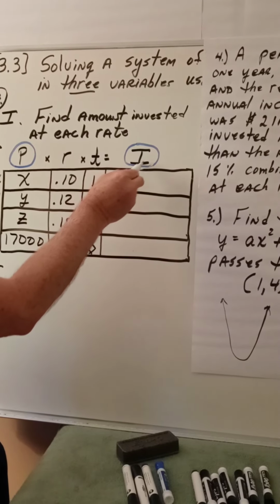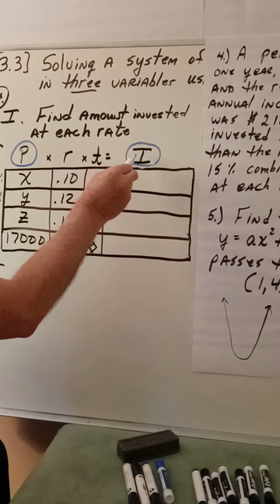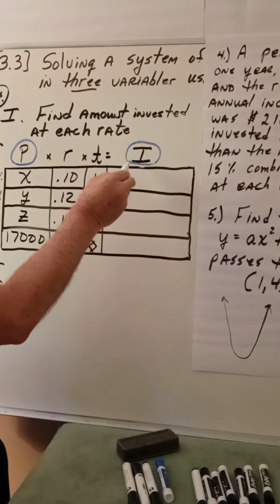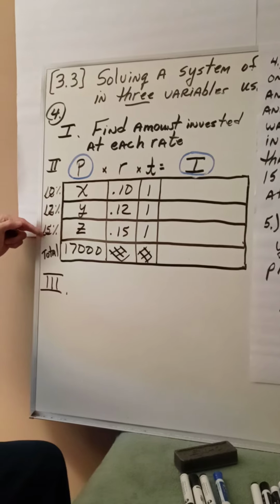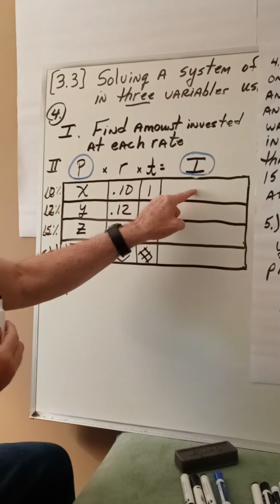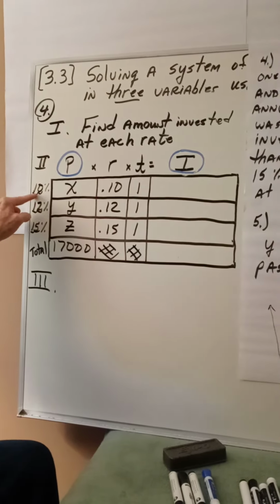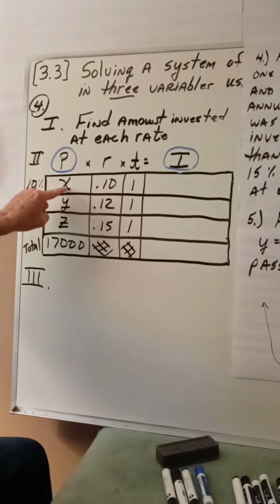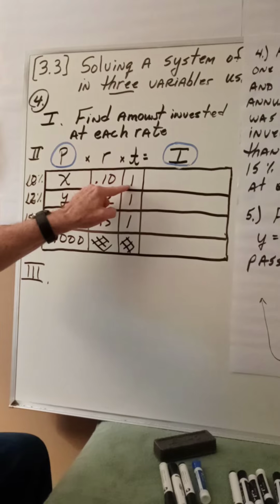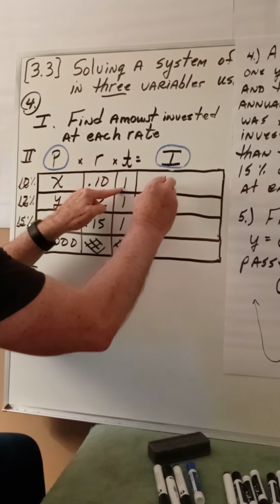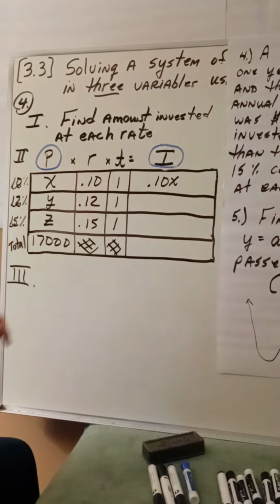Now, let's fill in these remaining boxes. Let's find the amount of interest income that the person's going to receive from each one of these accounts. The amount of interest that he'll earn off of the 10% account: x times 0.10 times 1, 0.10x.